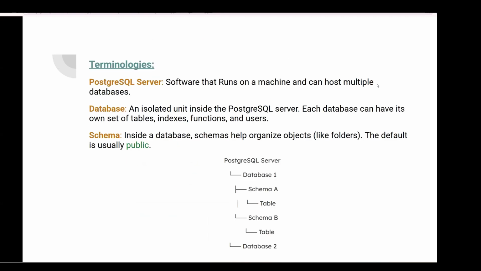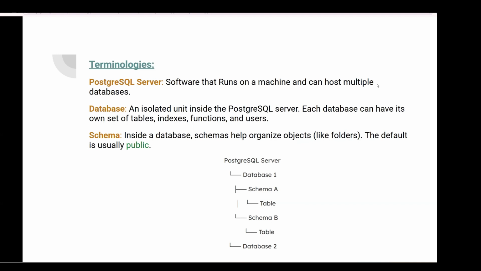So a few terminologies here. PostgreSQL Server: it's software that runs on the machine and it can host multiple databases. What is a database? It's an isolated unit inside the PostgreSQL server. Each database can have its own set of tables, indexes, functions, and users.